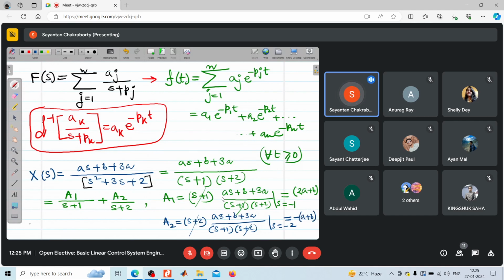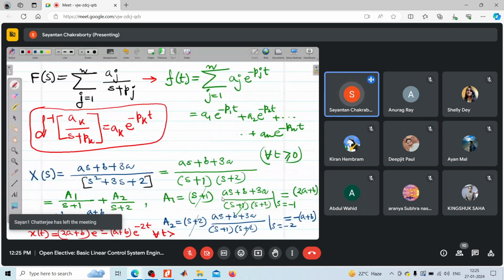So the partial fraction will be (2a plus b) by s plus 1 minus (a plus b) by s plus 2. So what will be xt? Xt will be (2a plus b) e to the power minus t minus (a plus b) e to the power minus 2t for all t greater than or equal to 0.